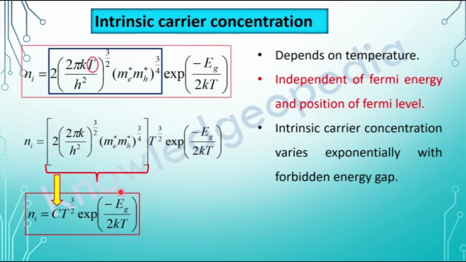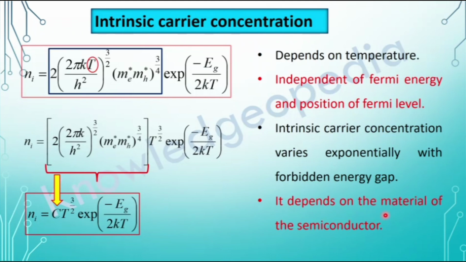The intrinsic carrier concentration varies exponentially with forbidden energy gap. This Eg is the forbidden energy gap. So, it varies exponentially with forbidden energy gap. Further, it depends on the material of the semiconductor, because the forbidden energy gap is different for different semiconductor materials.